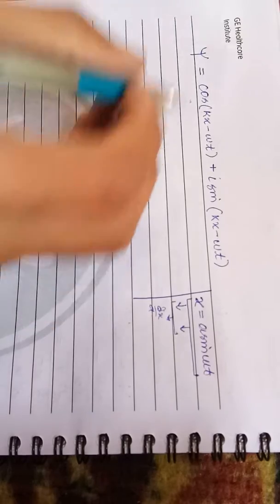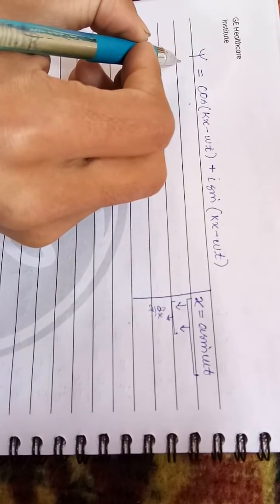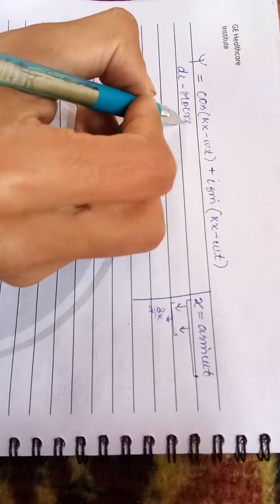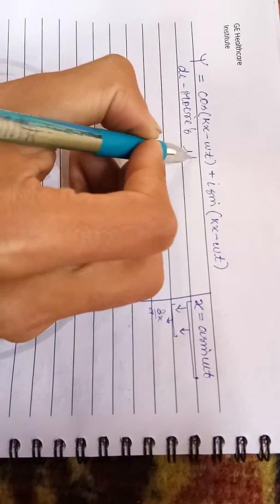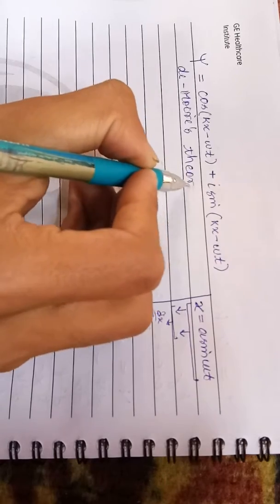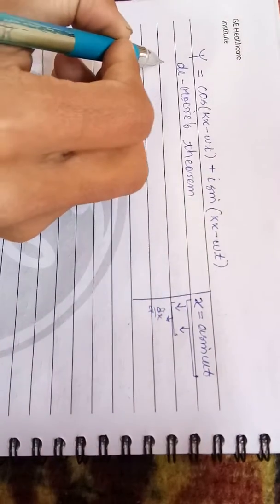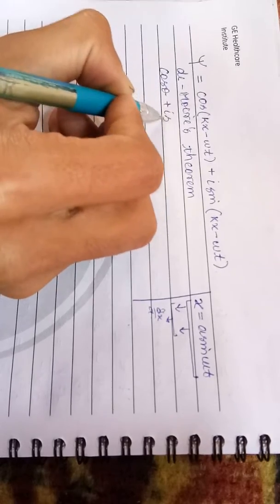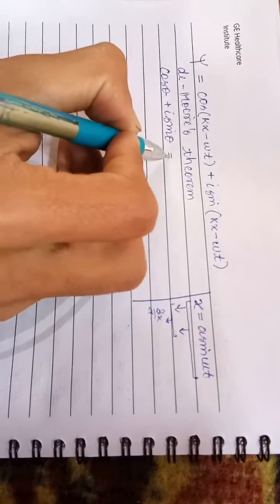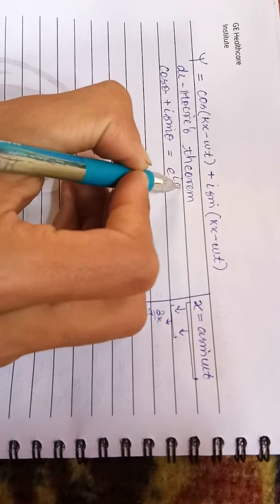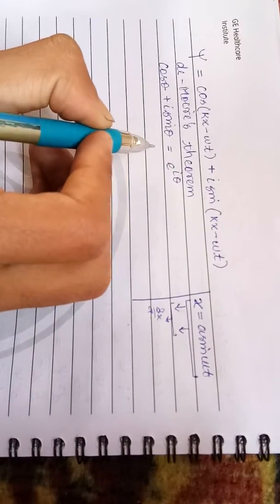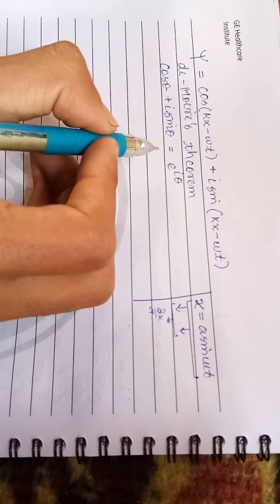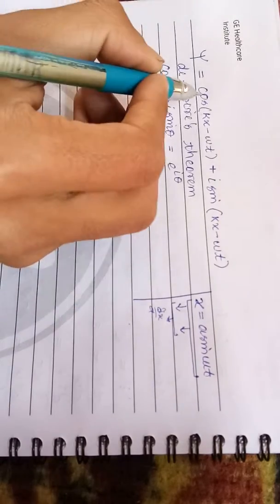Now let us use de Moivre's theorem over here. According to de Moivre's theorem, cos theta plus i sine theta equals e raised to i theta. This is known as de Moivre's theorem, which all of you might be aware of. So let me use de Moivre's theorem over here.